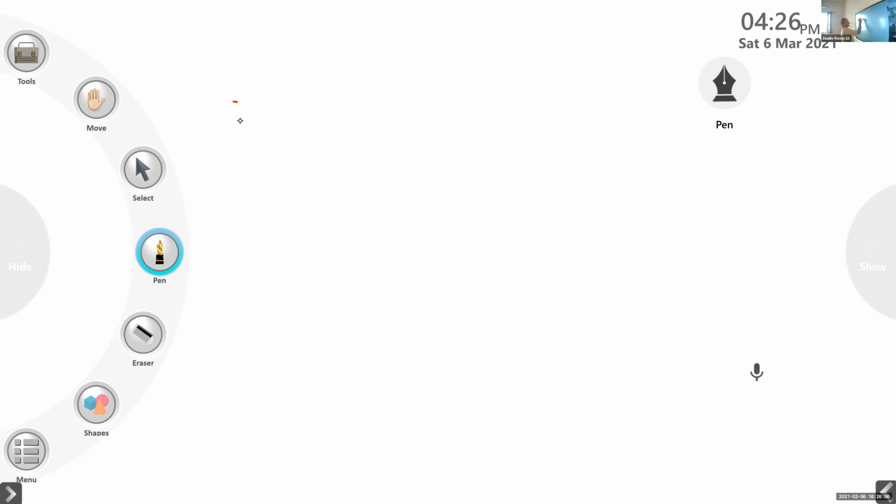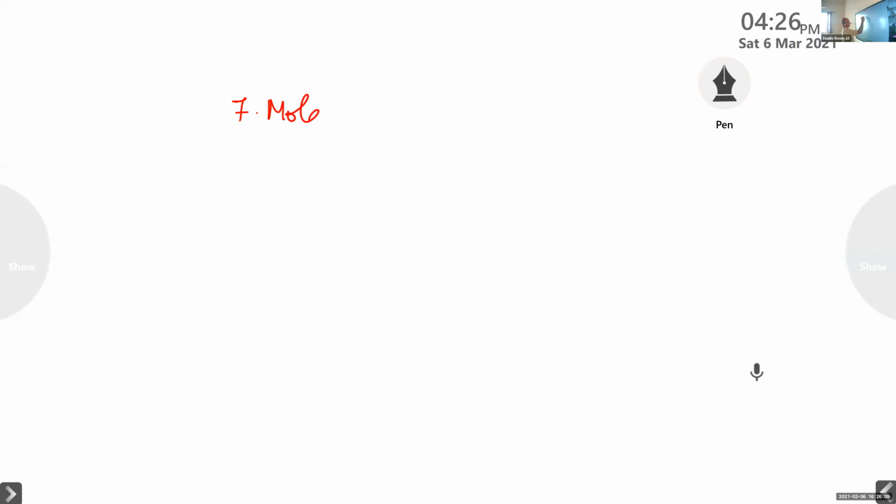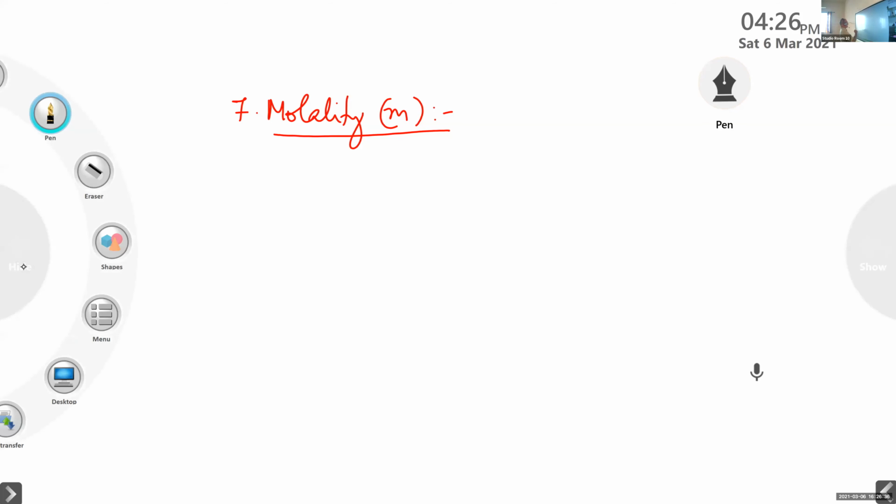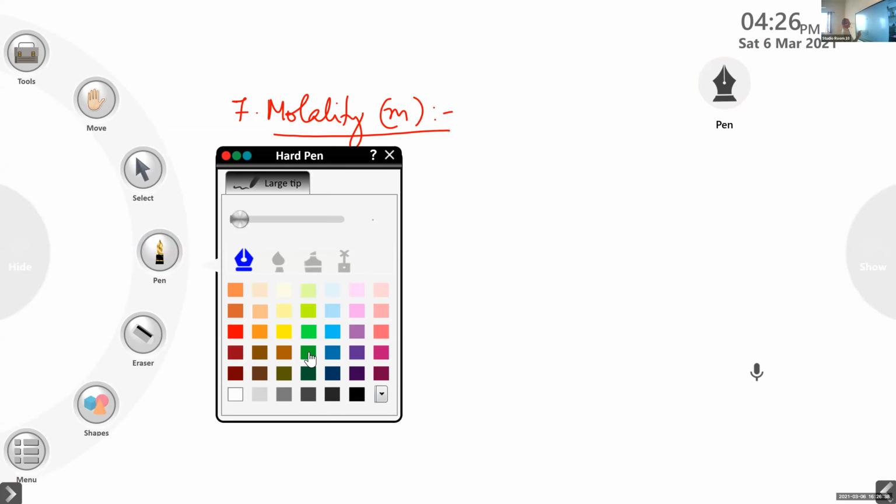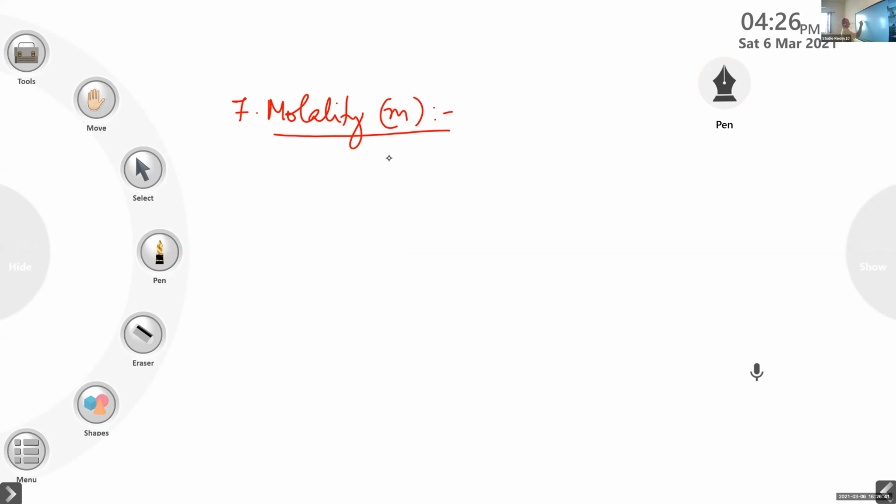Seventh one, molality of the solution, and it is shown by small m. The symbol is small m. What is meant by molality of the solution? That is the number of moles of the solute per kilogram of the solvent.